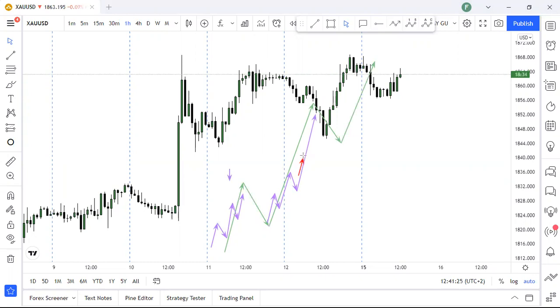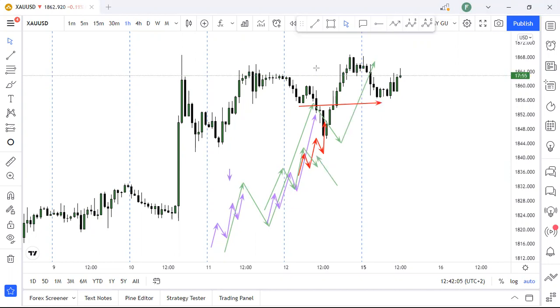So you have 1, 2, 3, 4, 5 until you reach the high that has been created. So instead of us having just our normal 1, 2, 3, 4, 5, we have this 5 wave.